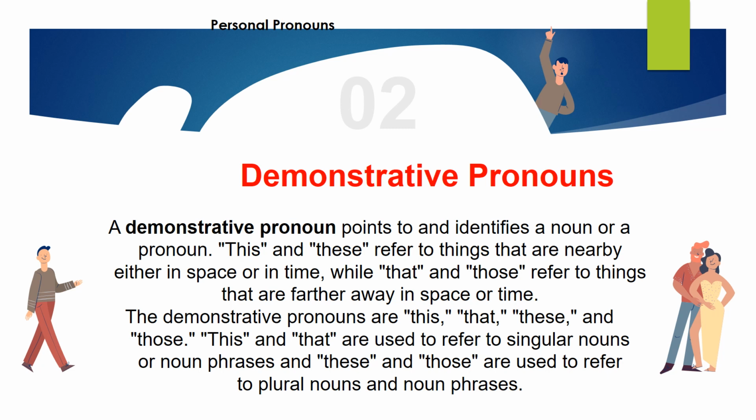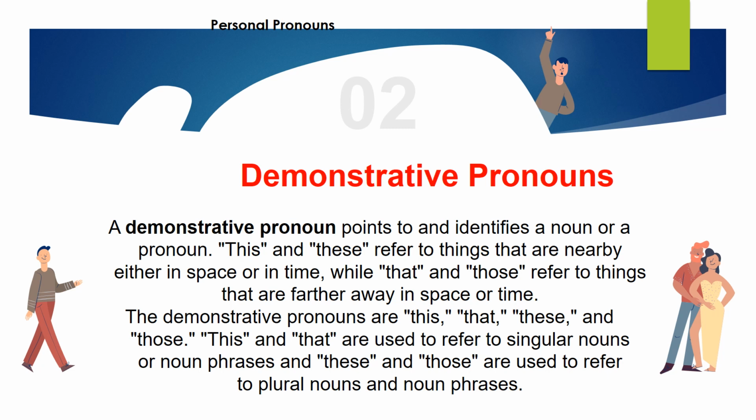This and these refer to things that are nearby, either in space or time, while that and those refer to things that are further away in space or time. So the demonstrative pronouns are this, that, these, and those. This and that refer to a singular noun, and then these and those refer to plural.